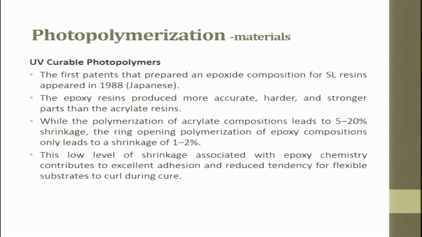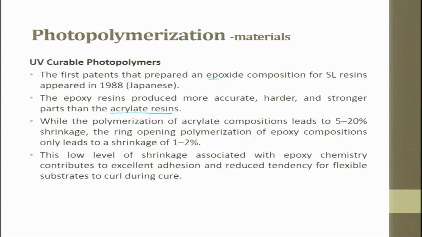The first patent that prepared an epoxy-diene composition of SL resin appeared in 1988 in a Japanese patent. The epoxy resin produced more accurate, harder and stronger parts than the acrylate parts.